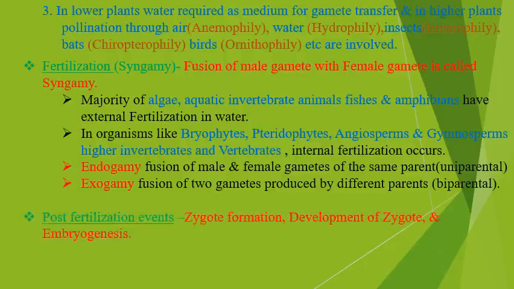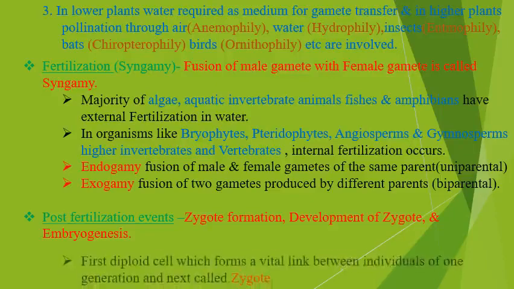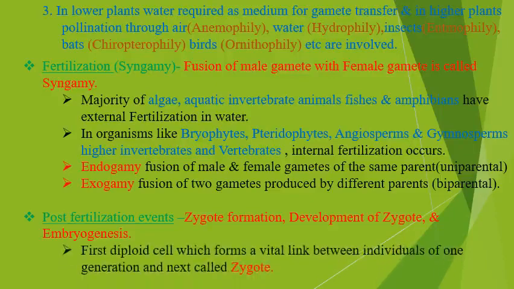Next, we need to study the post-fertilization events, which include zygote formation, development of the zygote, and embryogenesis. First of all, after the fusion of gametes, the diploid unit that has been formed is called the zygote. It is written here: the first diploid cell, which forms a vital link between the individuals of one generation to the next, is called the zygote.